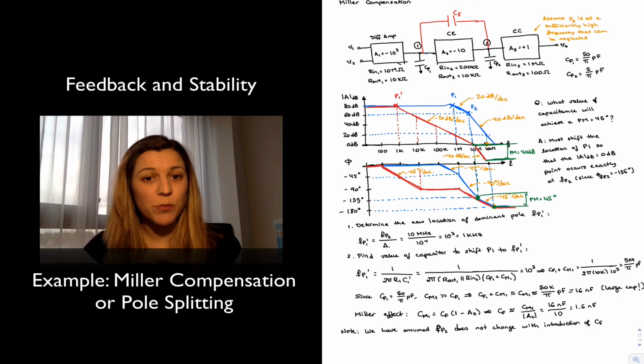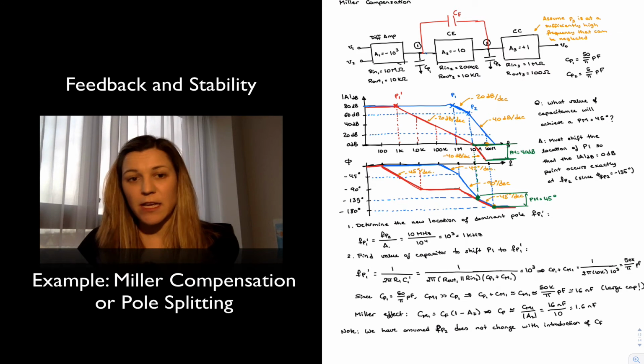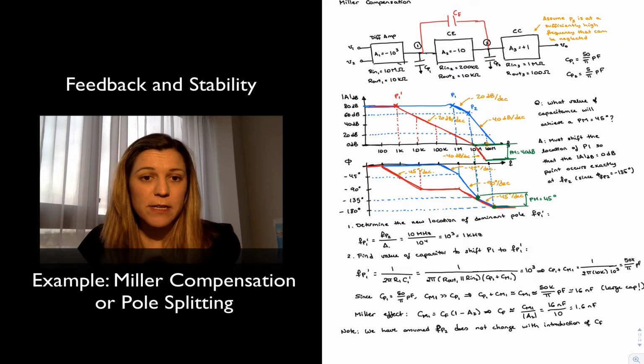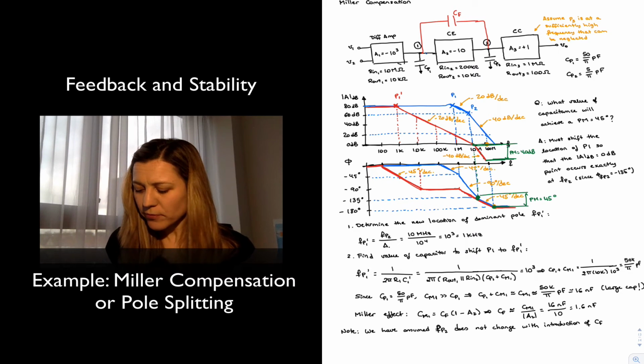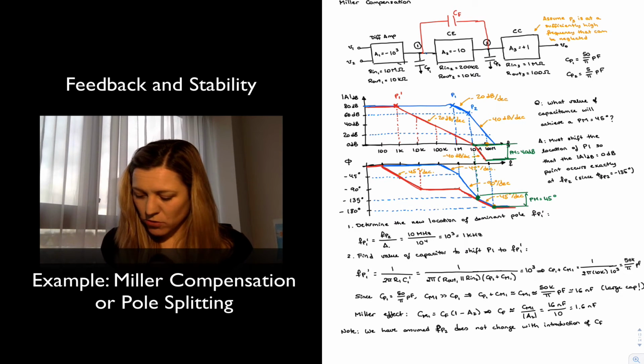So the frequency response at the output gets changed in a way that is actually beneficial, because the location of P2 ends up shifting to a higher frequency, thus increasing our phase margin even further than the 45 degrees that we had calculated.